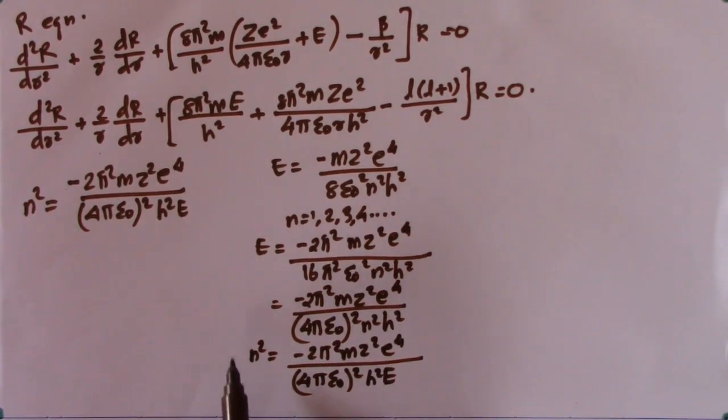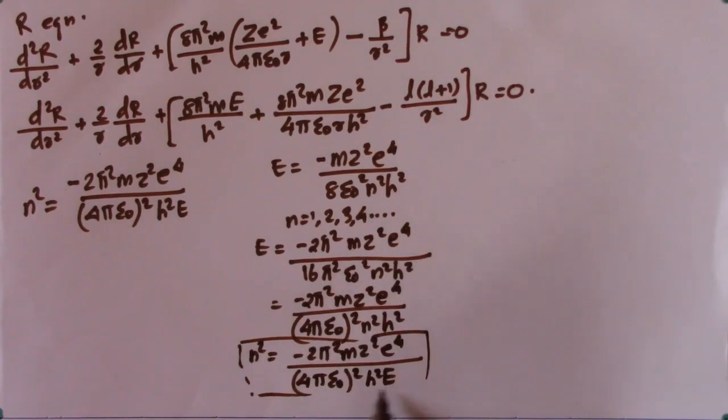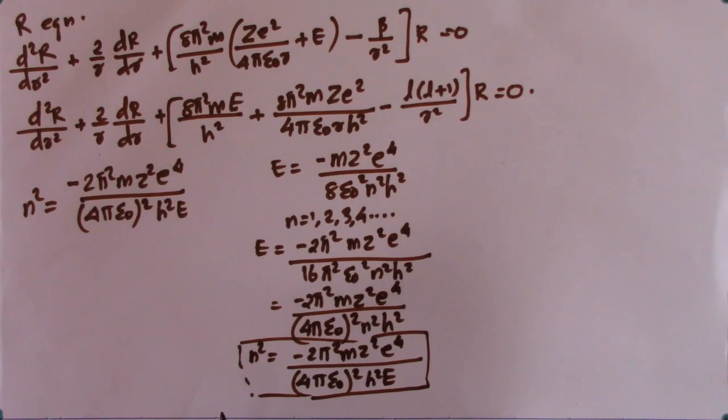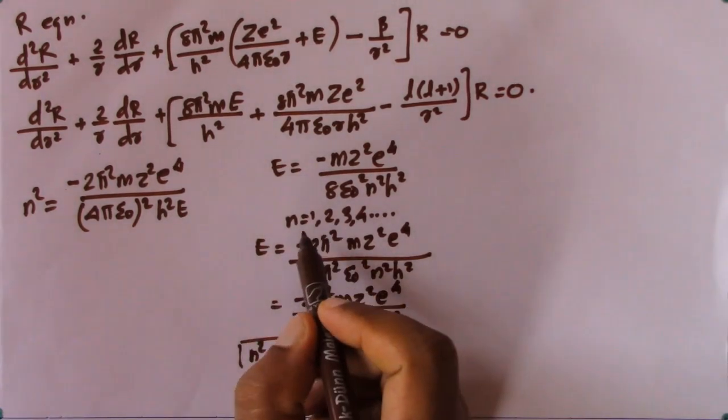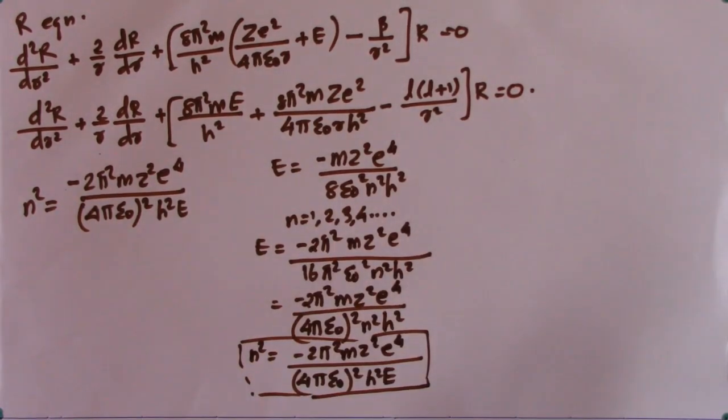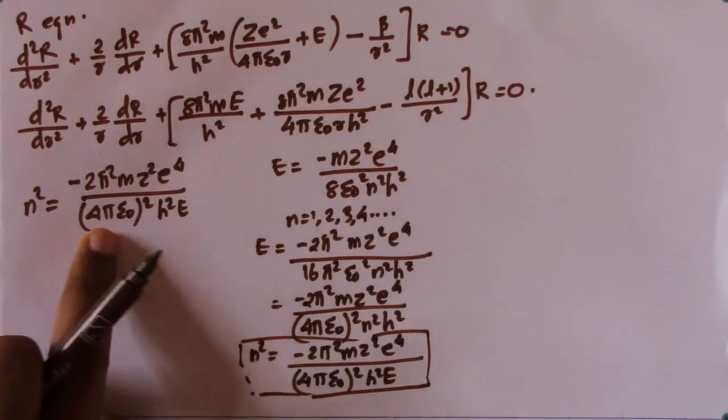So this n square, this one I got from the Bohr model, but you have to remember that in the Bohr model n is a quantum number. It can have these restricted values. So I have taken the same set of parameters here also, right?